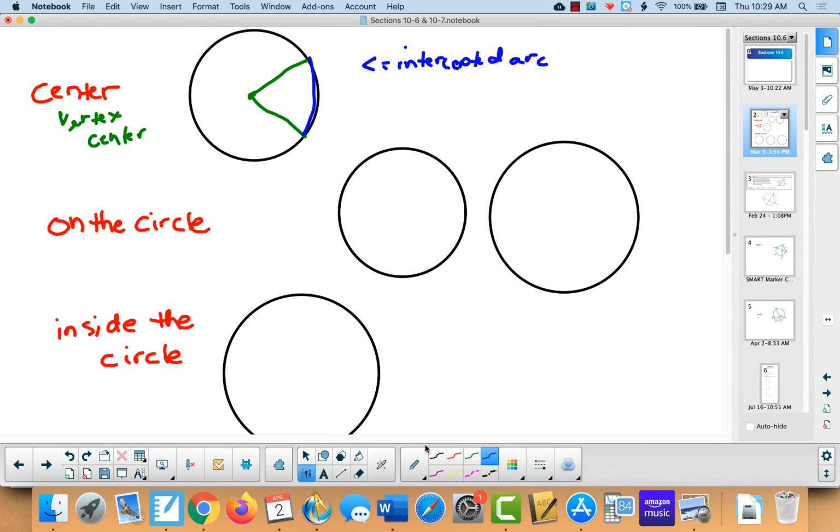When you have a vertex on the circle, there are two ways that can happen. You can have an inscribed angle, like we talked about in the last sections, or you can have an angle made from a tangent line and a secant line.